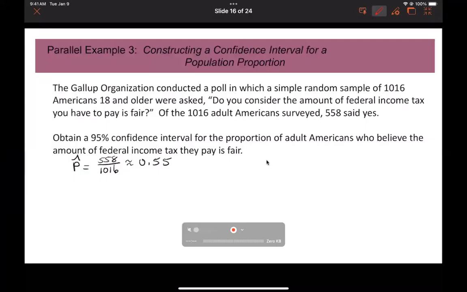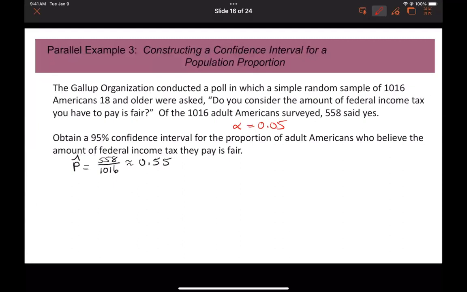So if we go back here, it's a 95% confidence level. It's 100% minus 95%, so my alpha is 0.05. Remember that we cut that in half before we find our critical value. We're going to do it with the calculator, just so you're in the practice.